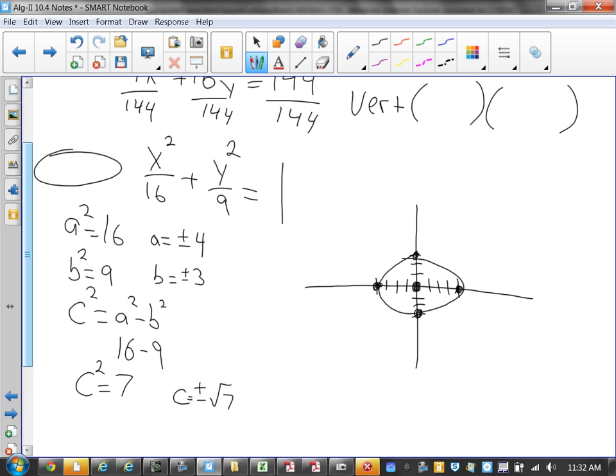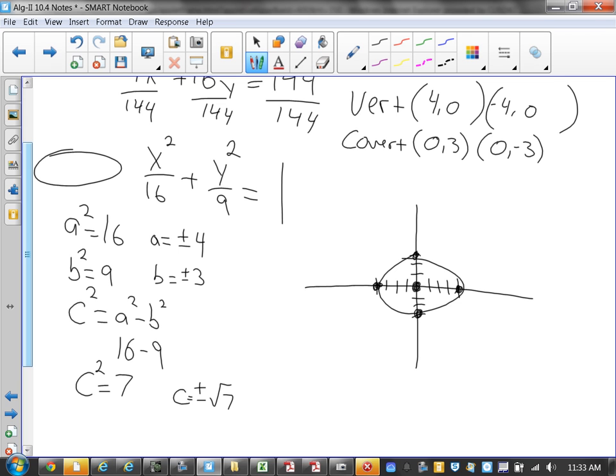One at 4, 0, and negative 4, 0. You okay with that? The co-vertices are where? What is it? 0, 3, and 0, negative 3.